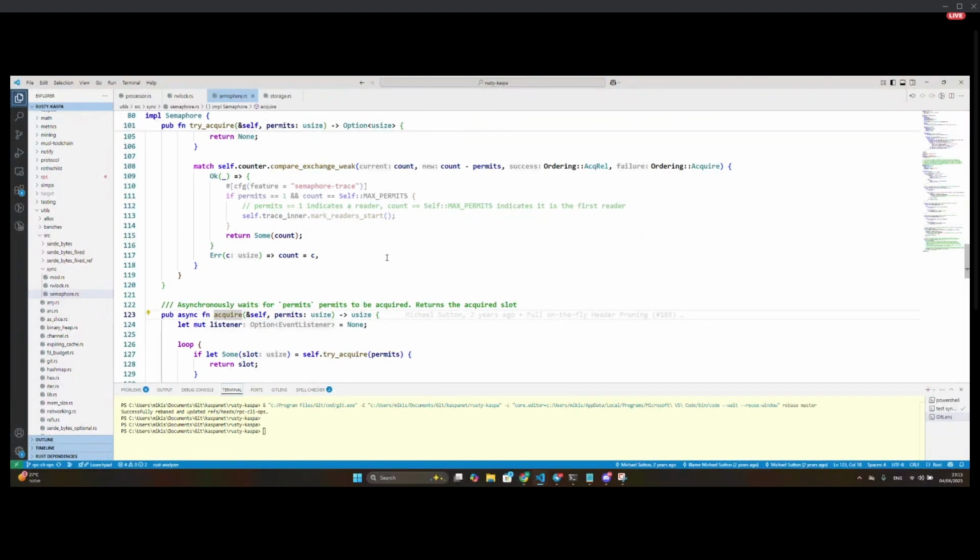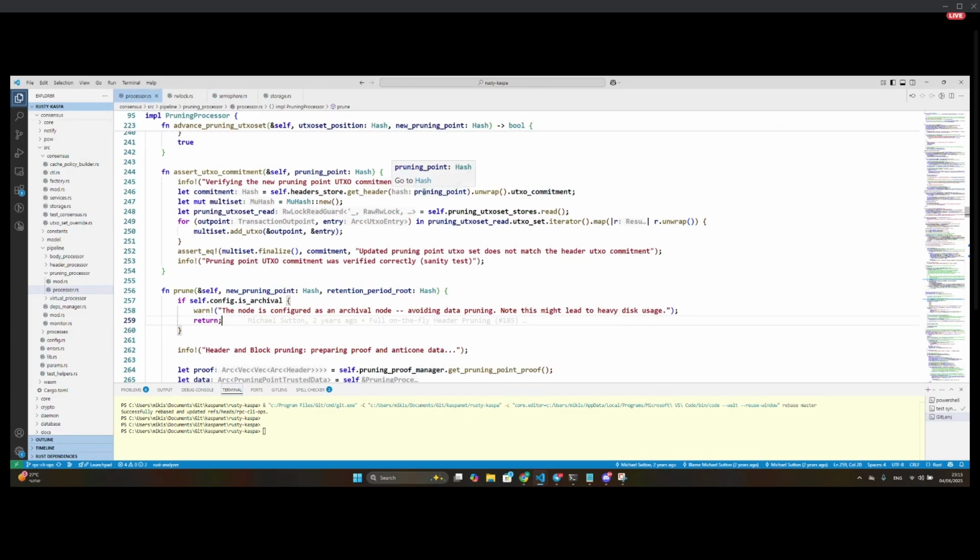So how do you make sure that the pruning thing doesn't starve, that it doesn't get locked out forever because there are always readers? Live processing doesn't take full resources, and we make sure to only lock for smaller segments. We don't lock from the beginning of the block processing to the end.